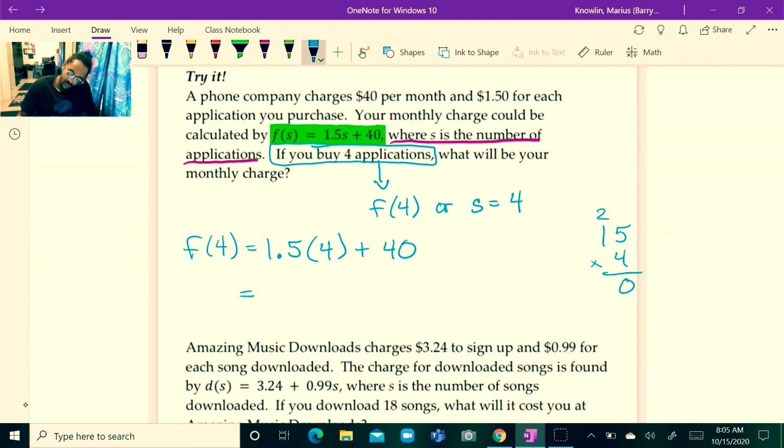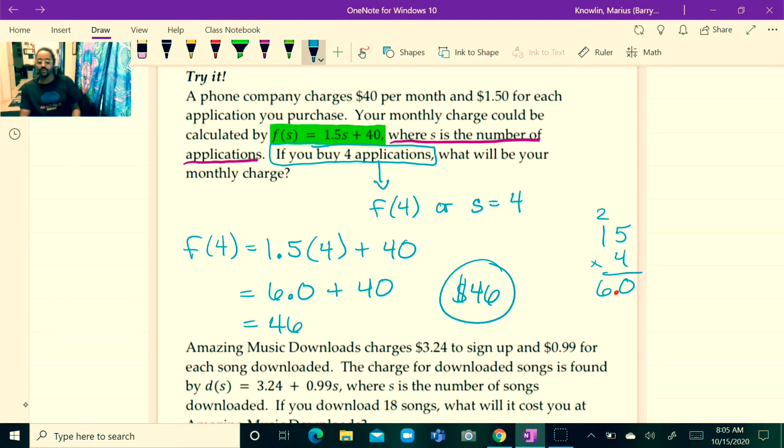Carry the 2. 4 and 1 make 4, plus 2 makes 6. And there is one number after the decimal, so that should be 6.0. So we got 6.0 plus 40, and 6.0 is just 6, which when we add those, that makes 46. So if you buy 4 applications, what will your monthly charge be?